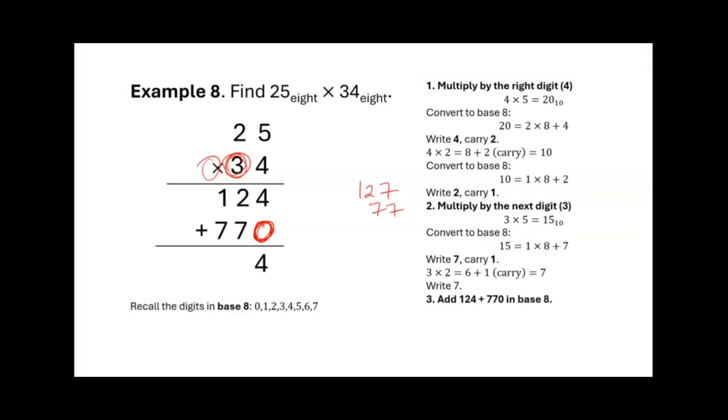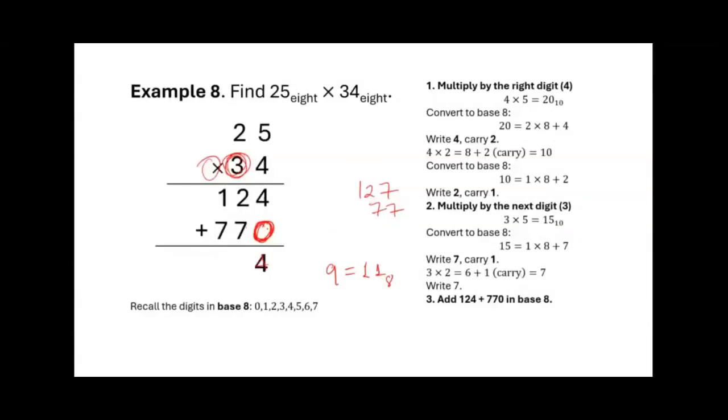It would be 4 plus 0, which is 4, and then 2 plus 7, which is 9, but I have to convert it to base 8, and 9 is equal to 1, 1, because to get a 9, you need one 8 and 1. So I put a 1 and I carry a 1.